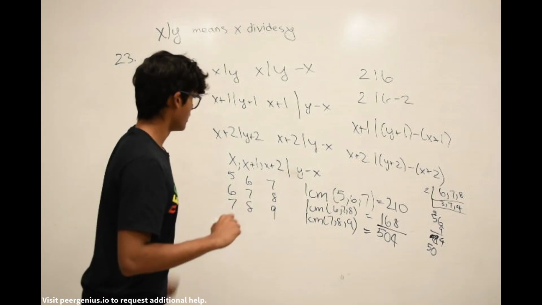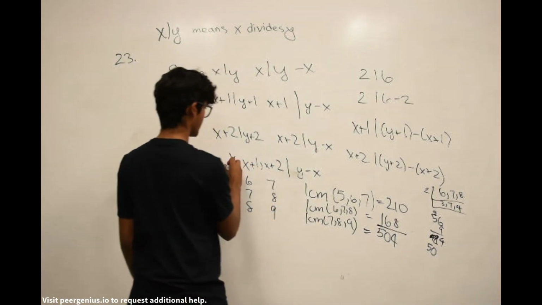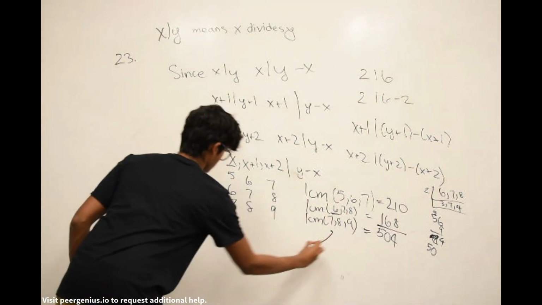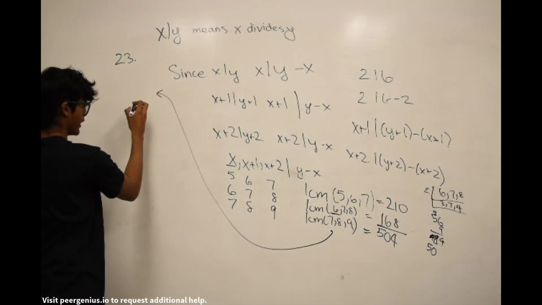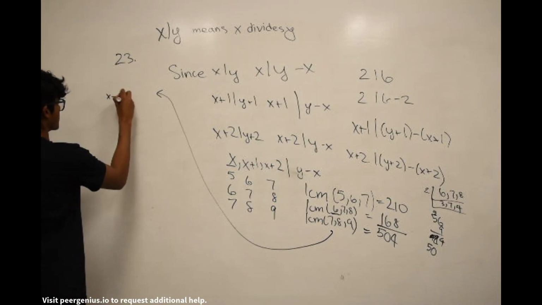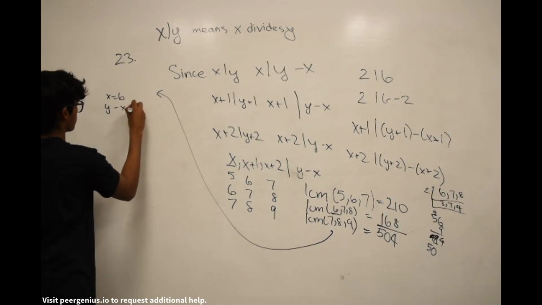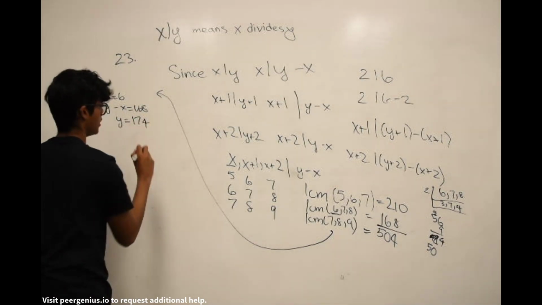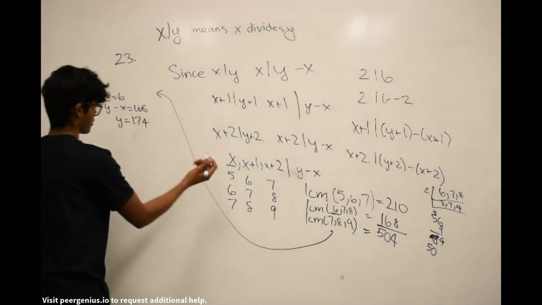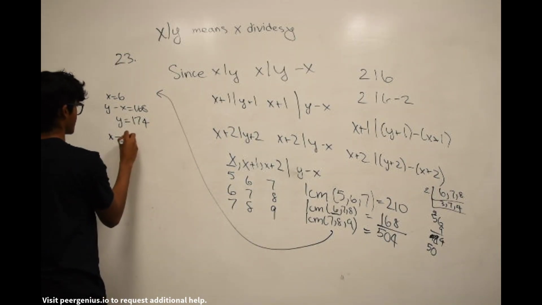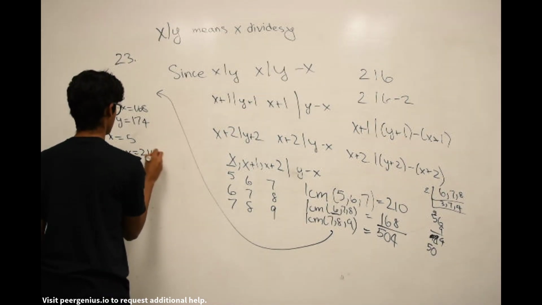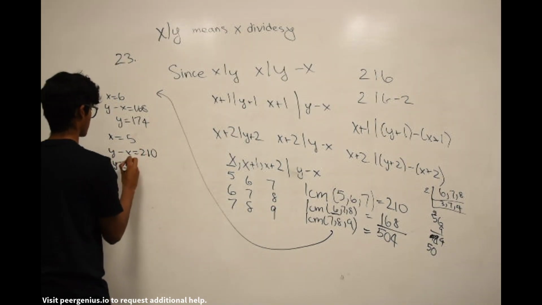In this case, x equals 6. So x equals 6, y minus x equals 168, which means y equals 174. For the other cases, you can just check if you want. In the other case, x equals 5, y minus x is 210, and that means y equals 215.